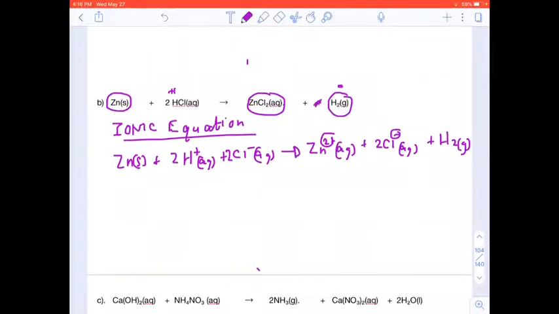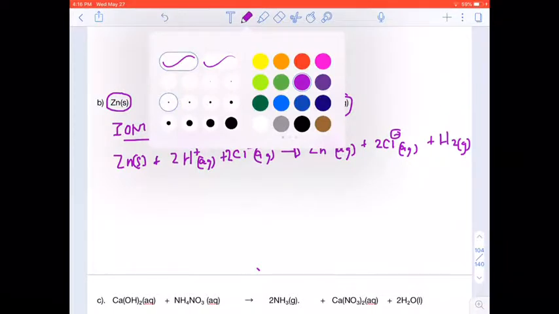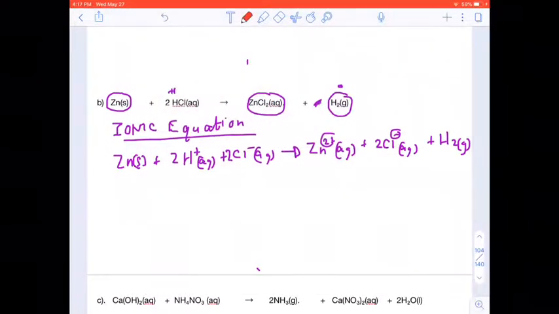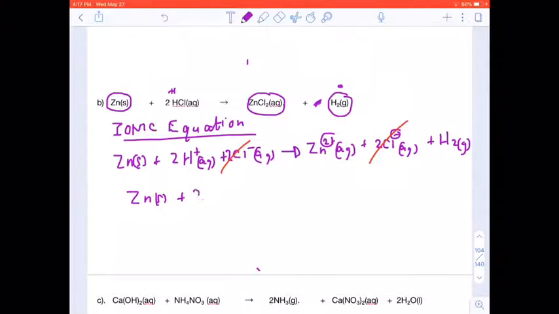Right. Now if we look at this, I could cancel the Cl minus, they are my spectator ions. Being my spectator ions, what am I left with? There's zinc solid plus 2H plus aqueous. So remember this H plus comes from the acid, right? When an acid reacts with a metal, what do I get?